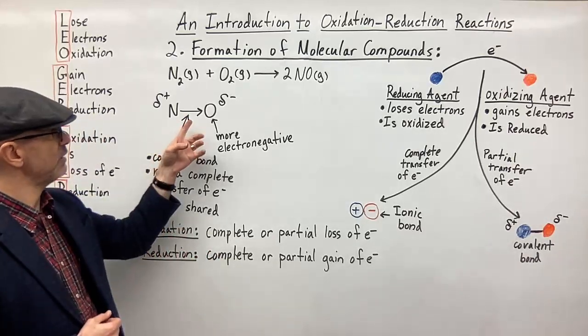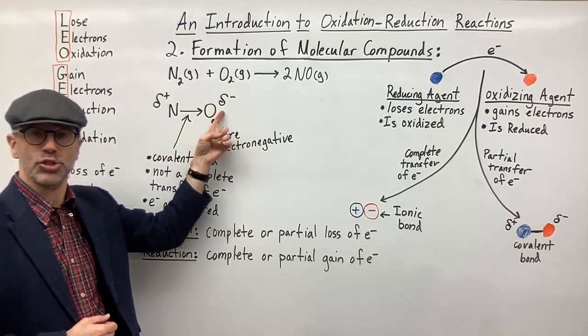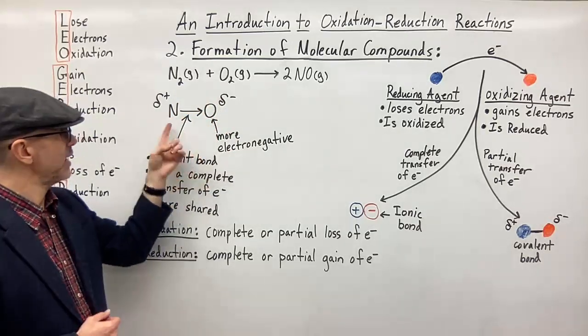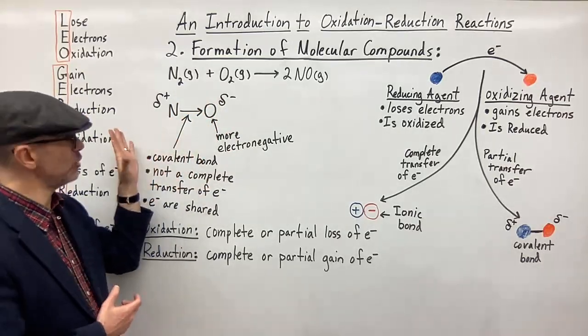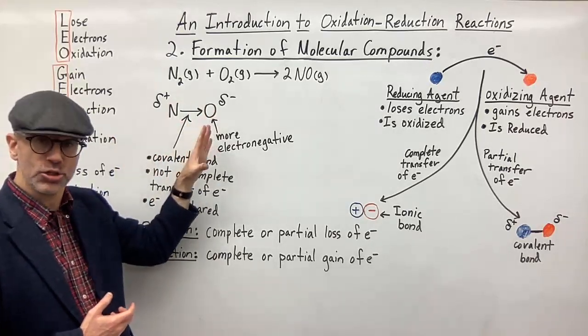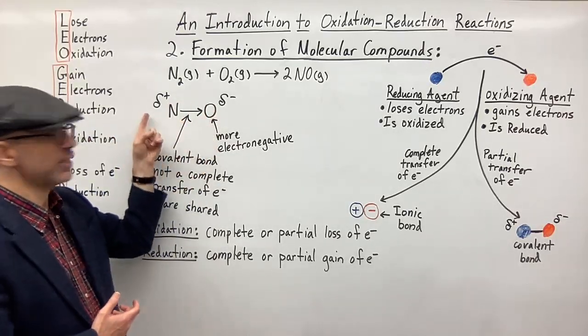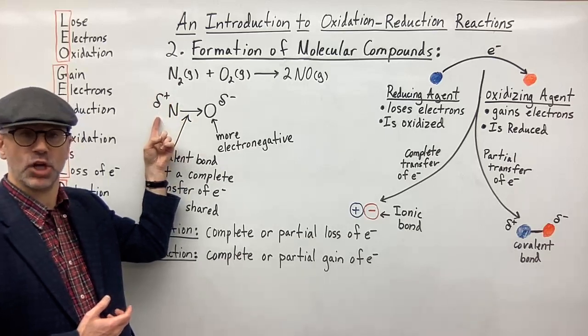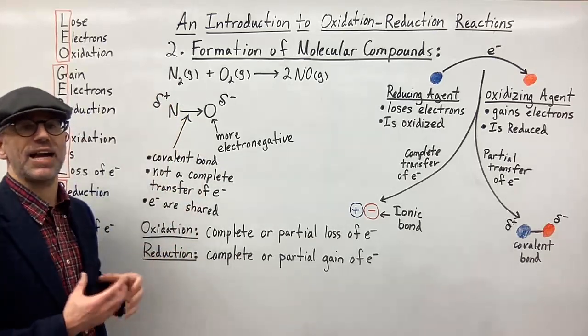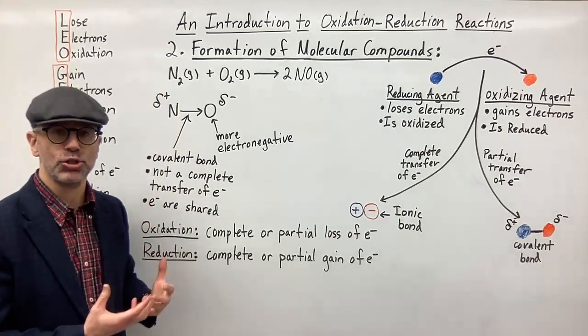So that's going to give this a partial negative charge. And then therefore nitrogen, because the electrons are being taken away partially from the nitrogen, is going to have a partial positive charge. And so here it's not a complete transfer, but a partial transfer.